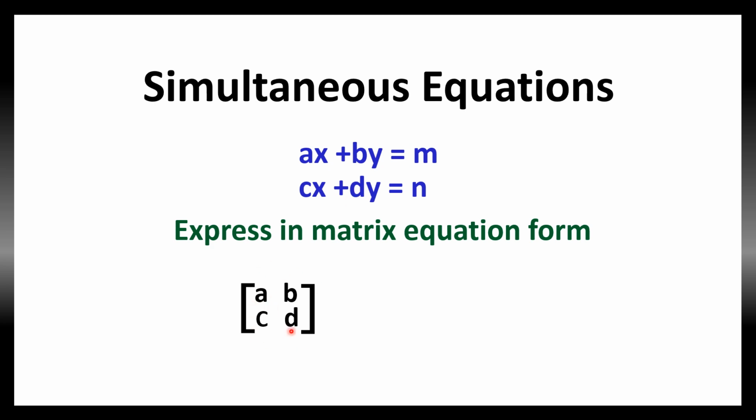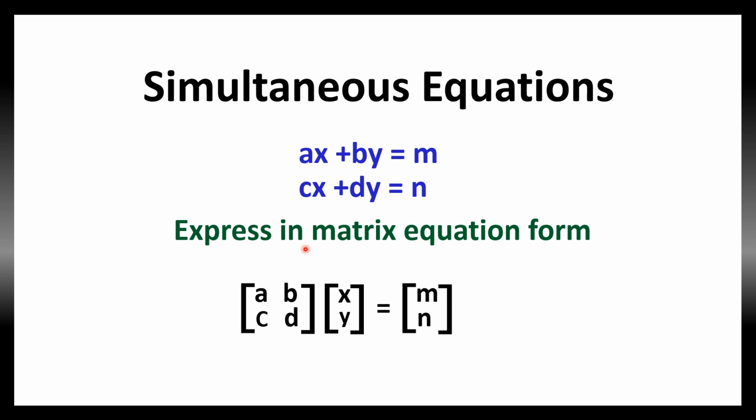And then our next matrix is the matrix of the variables, matrix of x, y. Then coming to the right hand side, we have to form a matrix of these elements also. So that is equal to matrix of m, n.